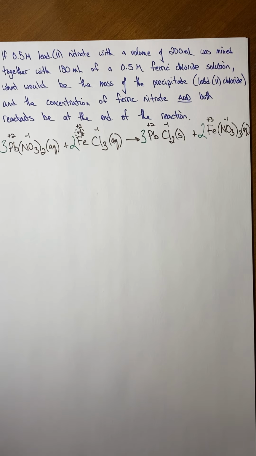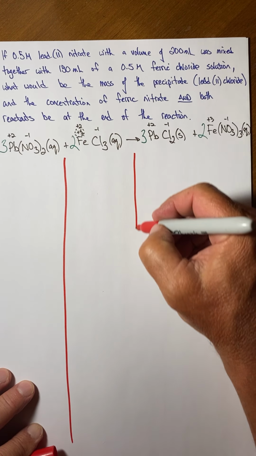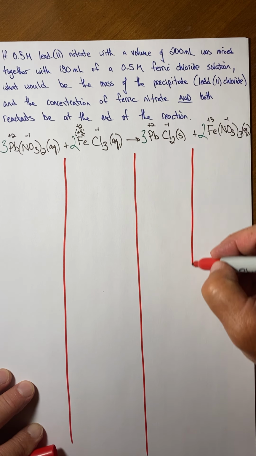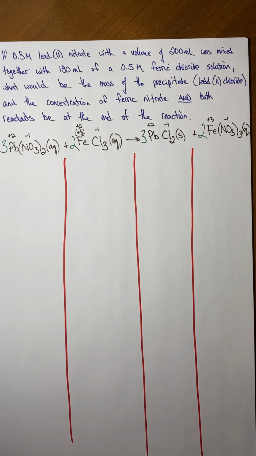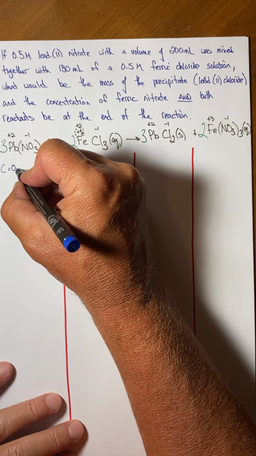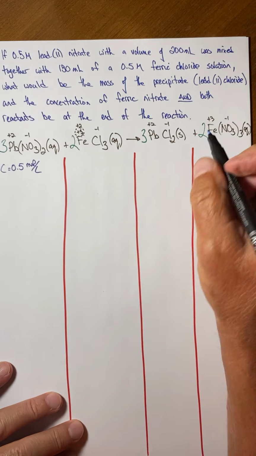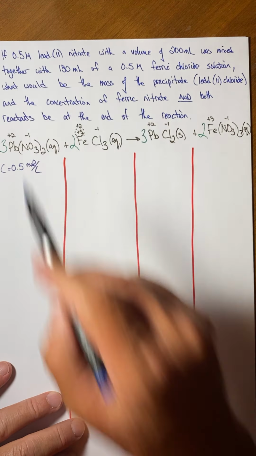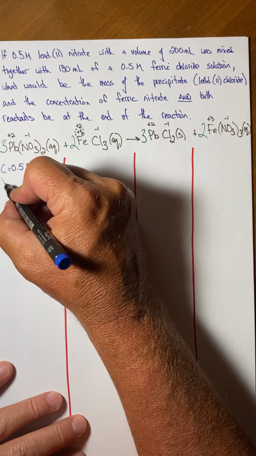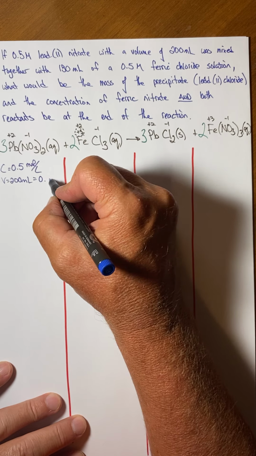Next thing we have to do is we have to set up the columns. All right, lots of information we have to write down here. Okay, the concentration of lead-2 nitrate is 0.5 molar, which is moles per liter. We know it has a volume of 200 milliliters, and I'm going to convert that to liters.